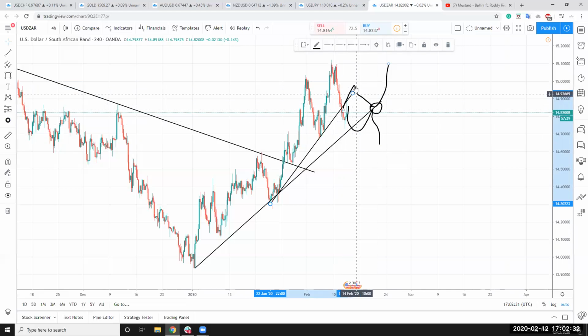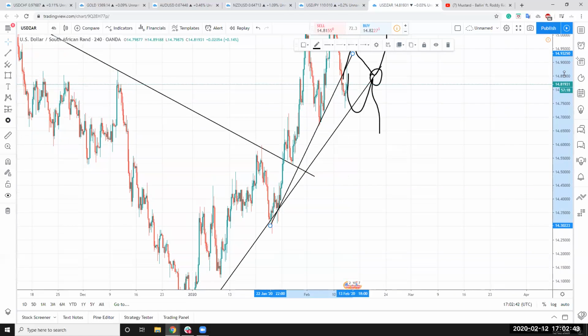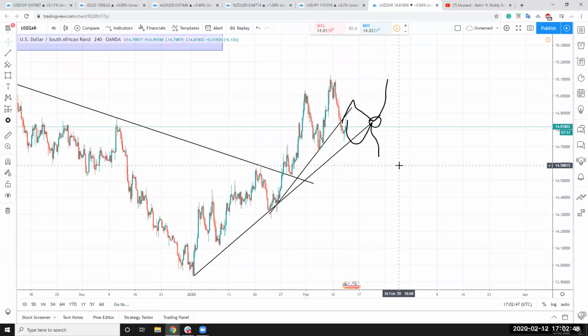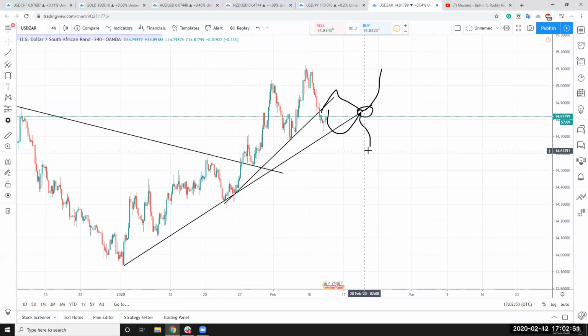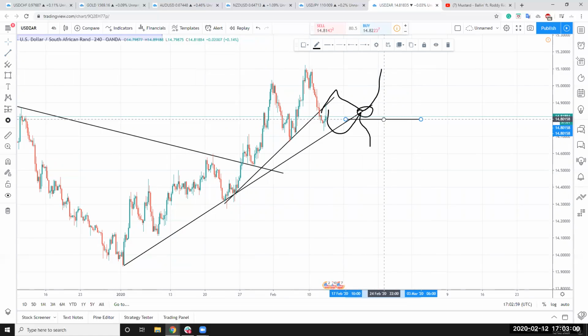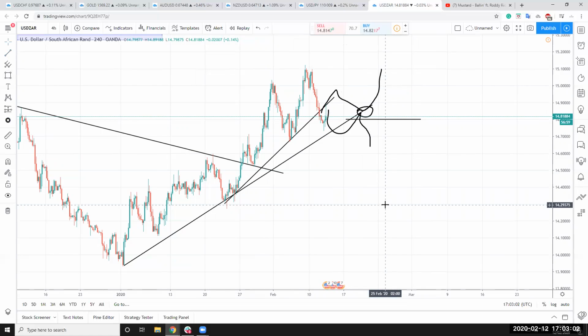And then a retest, because prices don't just go up, price goes up and down. And if it does come back down into this area of 14.8, we can potentially look for a trade. If this trend line is true, then we just have to wait for the break and retest, and we will take a sell.